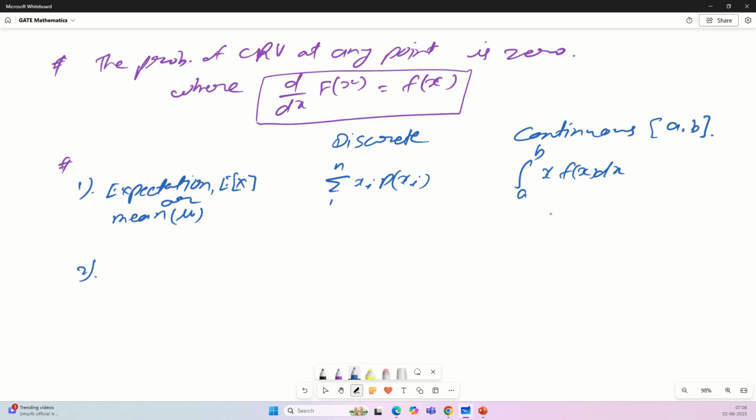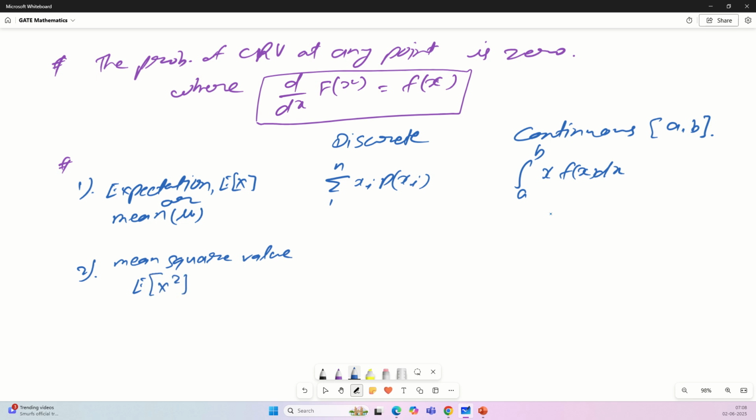Number two, mean square value. This mean square value is represented by E of x square.